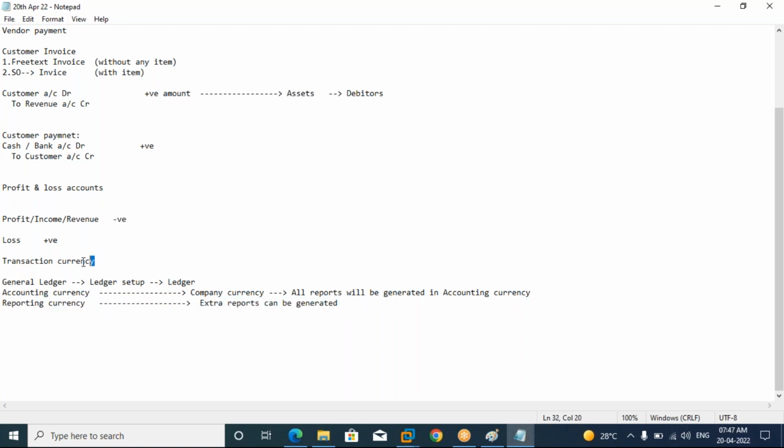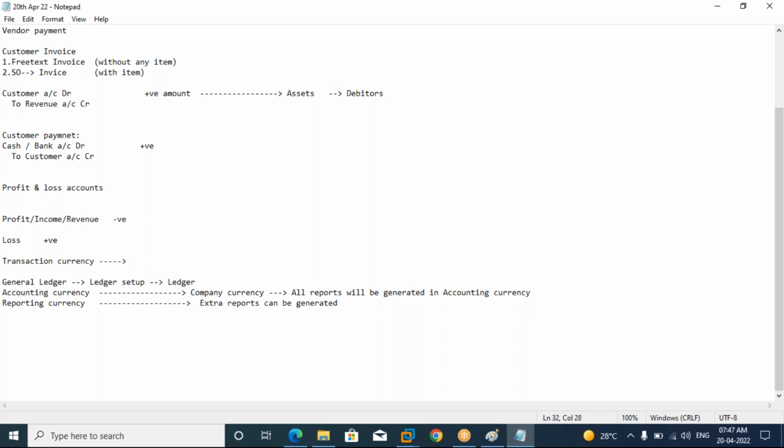Then what is the transaction currency? Usually transaction currency and accounting currency are both the same. Transaction currency and reporting currency are both the same in normal situations. But suppose you are exporting material, your company is in India, then INR is your company currency. Now you are exporting to Dubai. So the customer is in Dubai, the customer currency is AED, then the transaction currency will become AED.